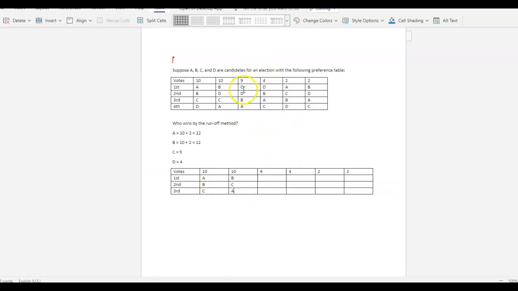Can't really put X's over this one, so C, B, A. And then this column, if we eliminate D, B, A, C. And then this one, if I eliminate D, A, C, B. And then if we eliminate D here, B, A, C.